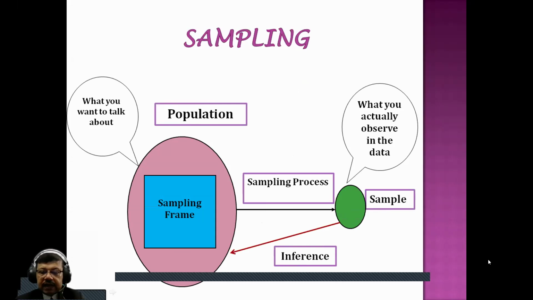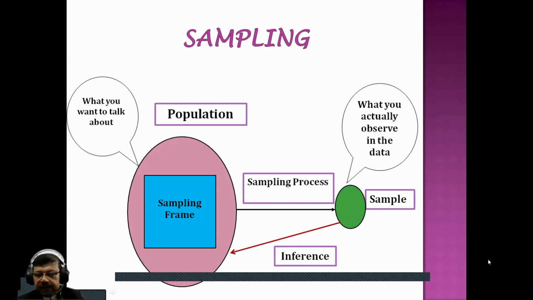Now, if you see this diagram, it will clarify your ideas more. So, if we see the pink circle and we consider it as the population, then the sampling frame means what you want to talk about. That means the researcher wants to find out from this population.